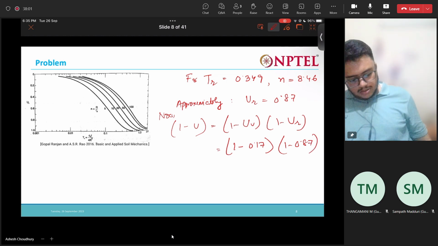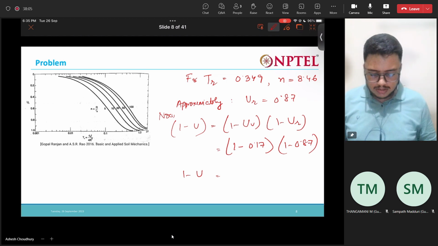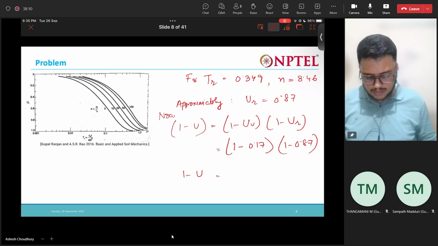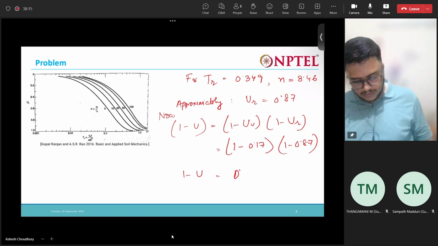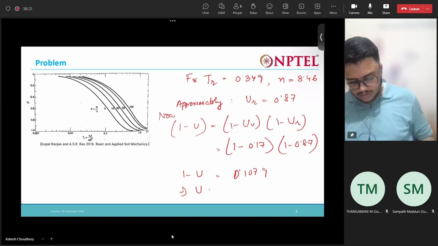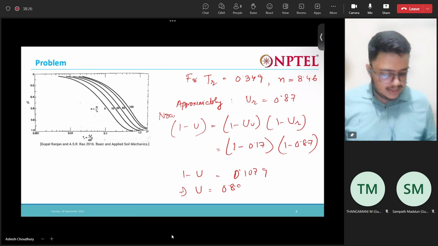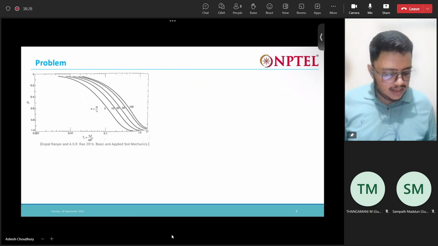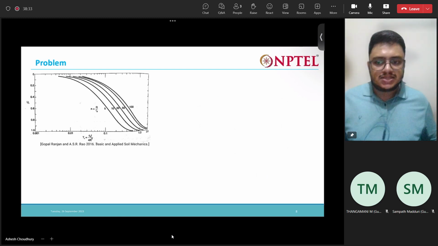So initially, for vertical drainage only, we got only 17% consolidation.